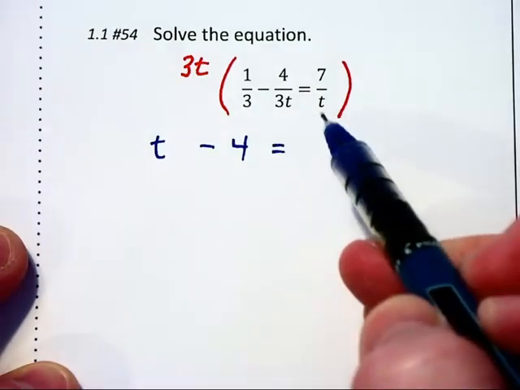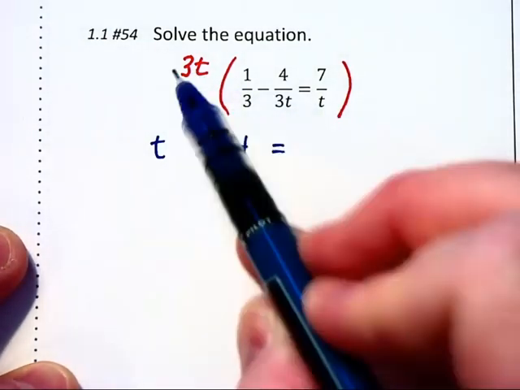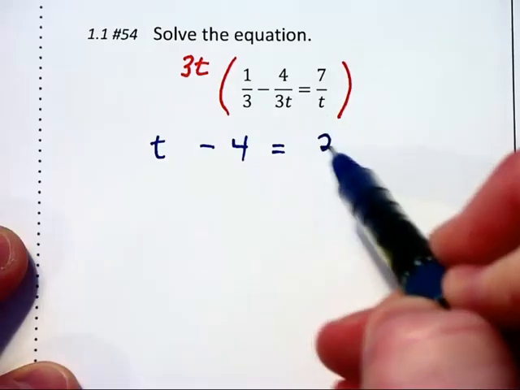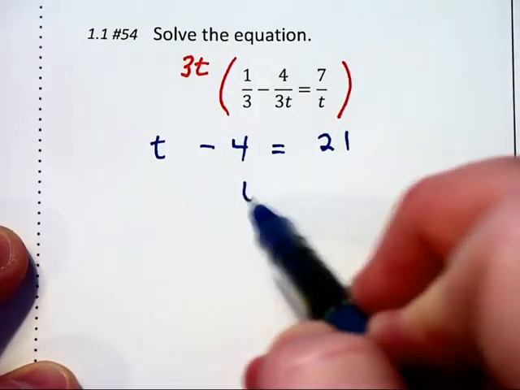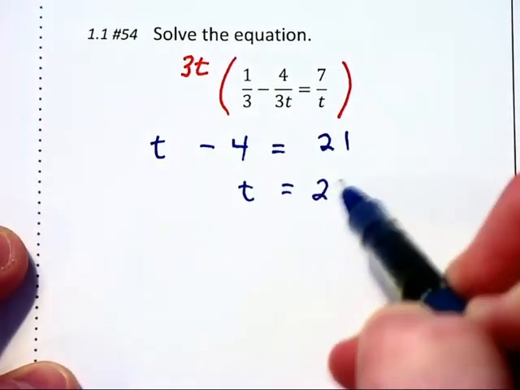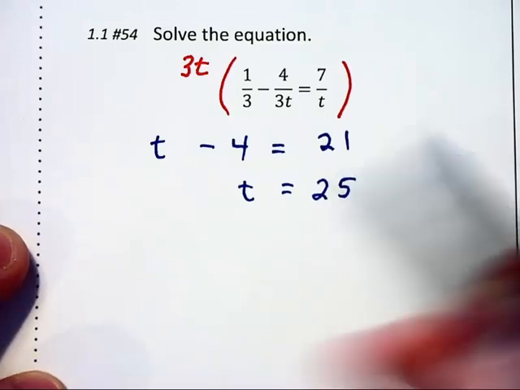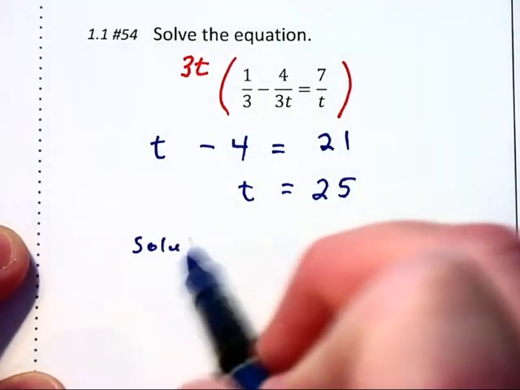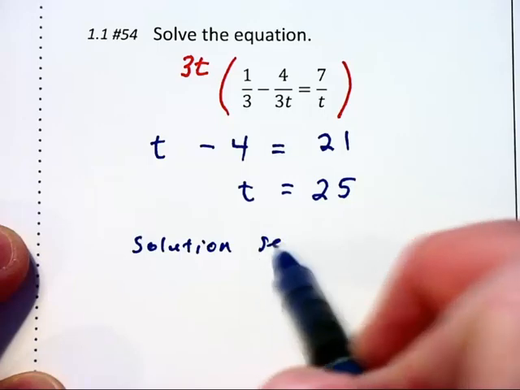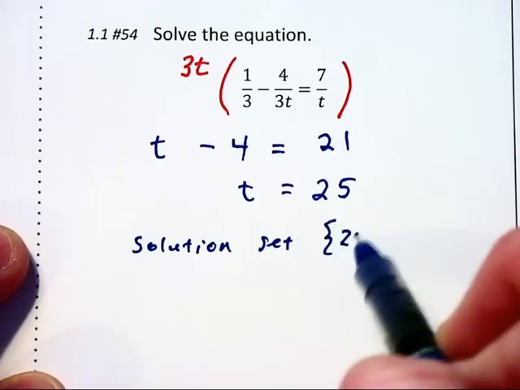On the right side of the equation, the t's will cancel, leaving 3 times 7, which is 21. Adding 4 to both sides, we find that t is equal to 25, and our solution set is 25.